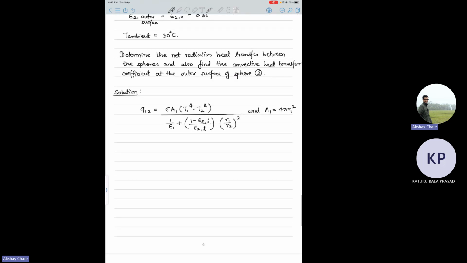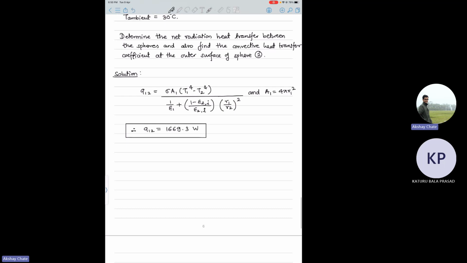So if you plug in all this information, you should get the value as 1669.3 watt. I'm not doing the calculation because that will take time and we can use that time for some other good problems. So I leave this verification to you. You can cross verify by putting in the values, and you should get the answer as 1669.3 watt. So that is the first.